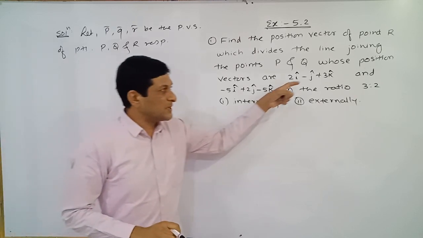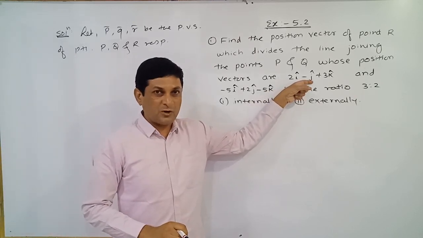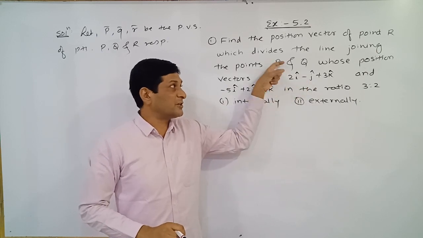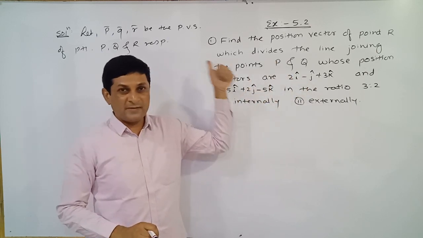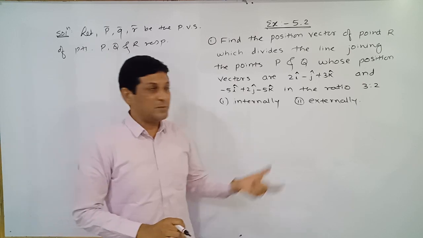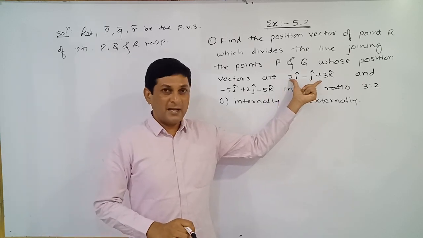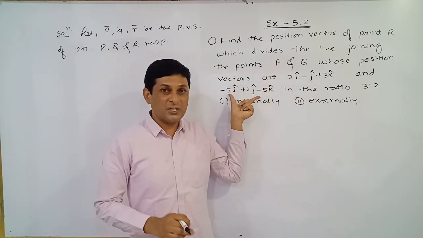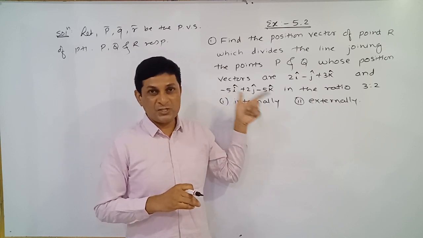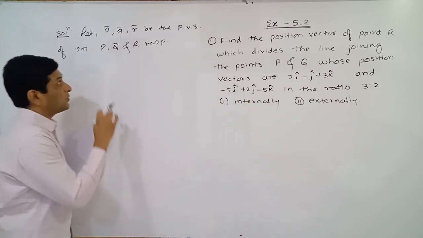Now it is given to us that this is the value of the position vector of point P. But we have already denoted the position vector of point P by P bar. Means this is the value of P bar. And this is the position vector of point Q, which we have denoted by Q bar.